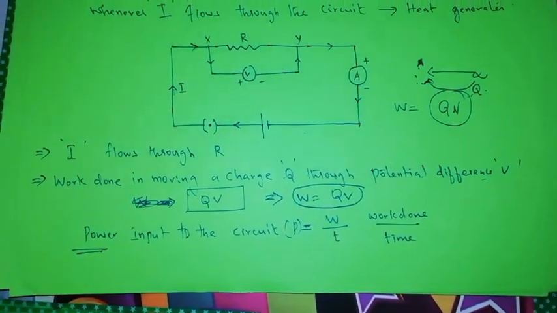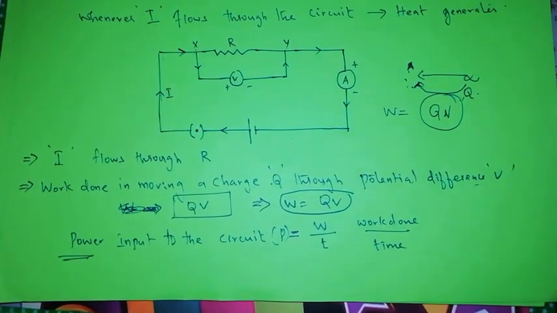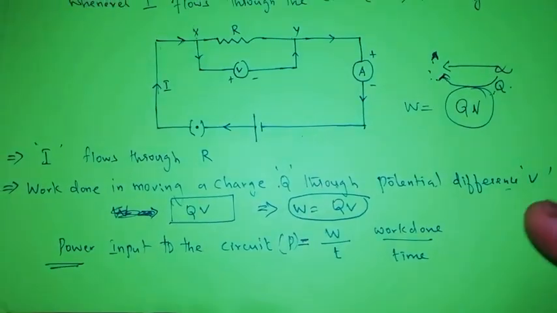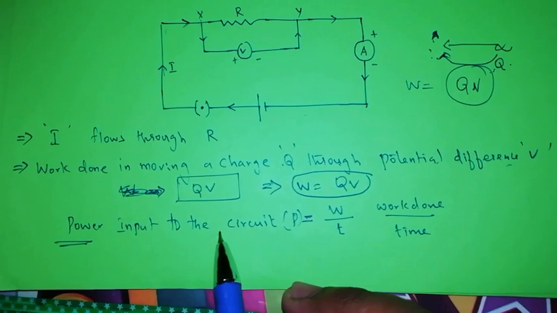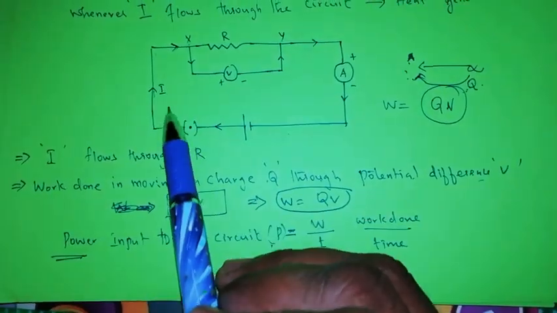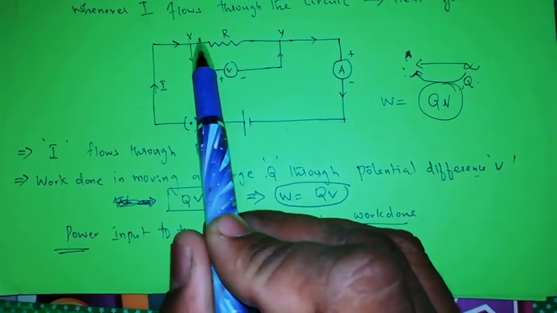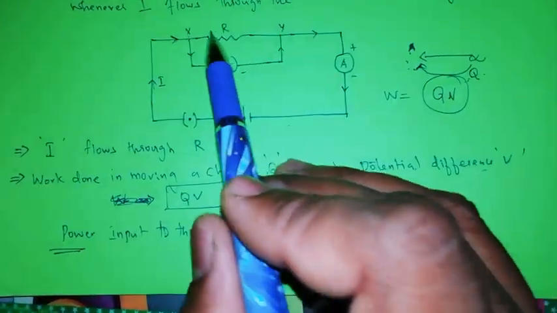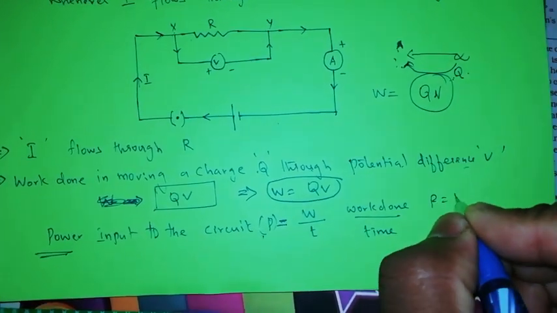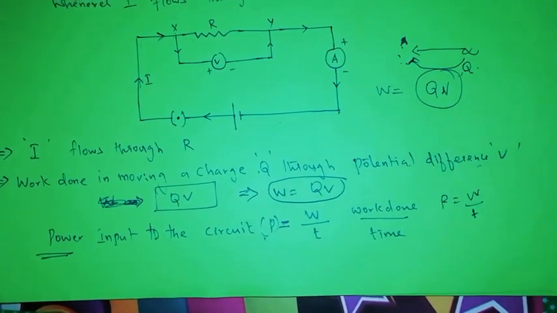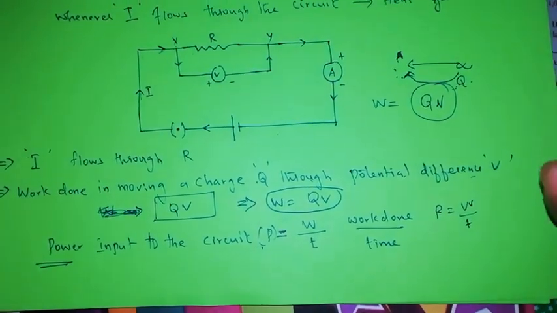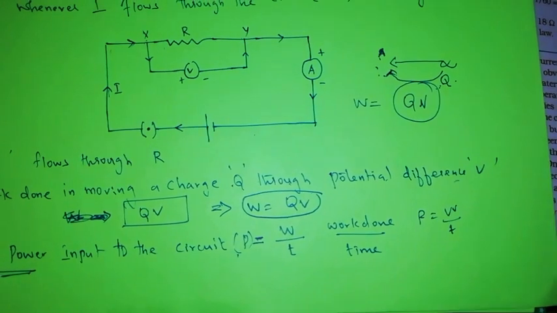That means the work done in moving a charge Q through a potential difference V. Let's learn one more thing: the power input to the circuit, P. The power input is nothing but work done upon time. We already know that power is equal to work upon time: in a particular time, how much work you can do. That is actually the power, right?